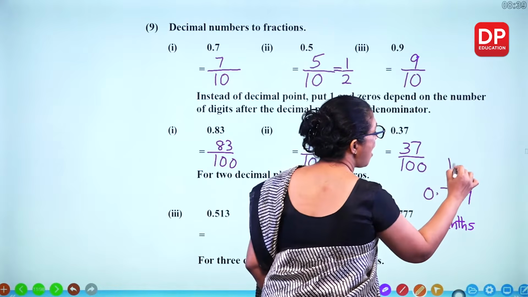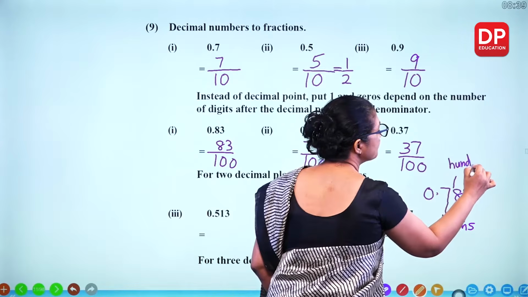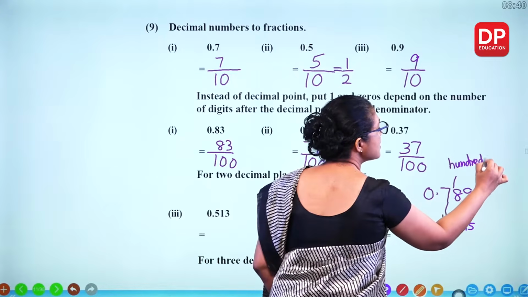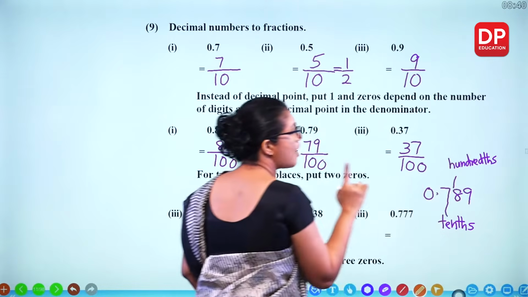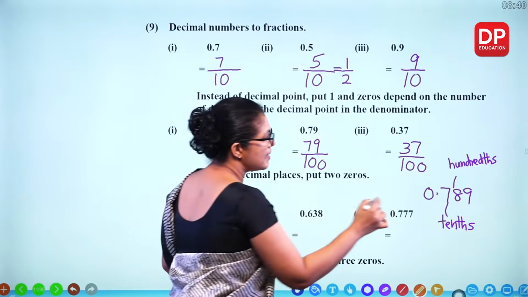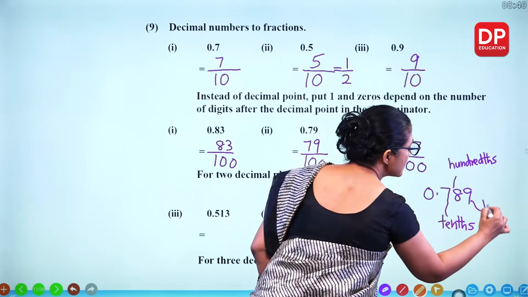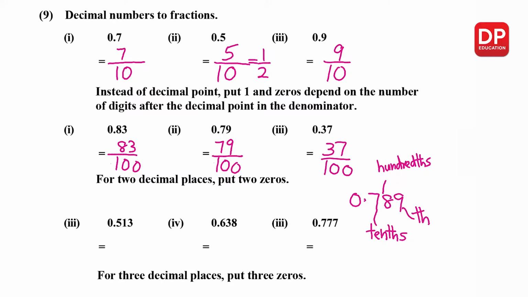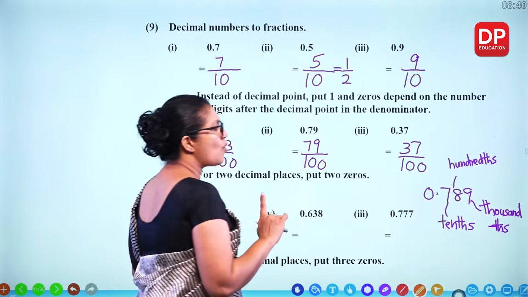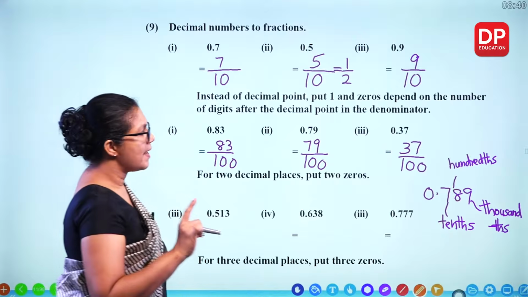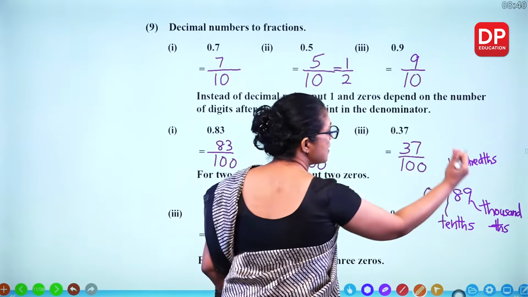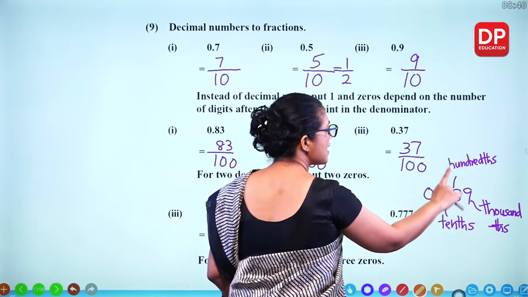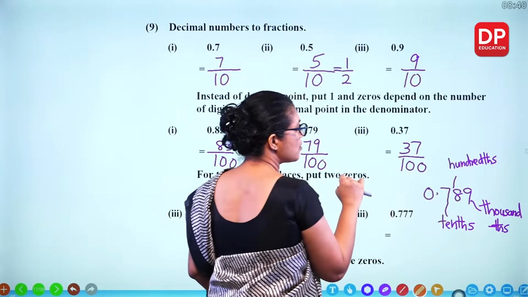This one is hundredths place. This is thousandths place. That means divide by 100 here, divide by 10. Thousandths. So remember that. After the decimal point, this is tenths place, hundredths and thousandths place.